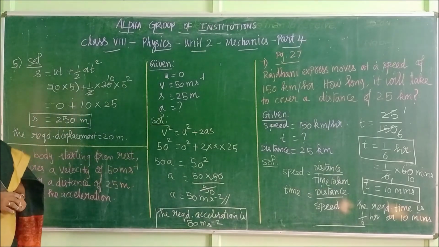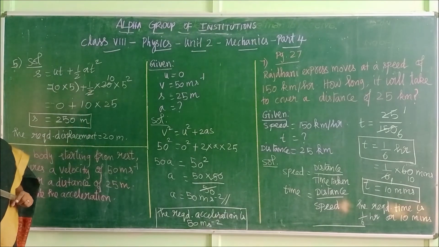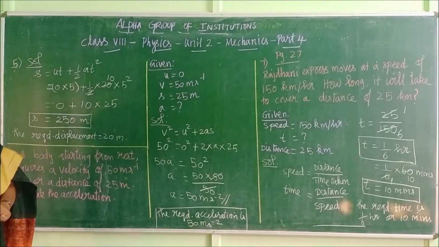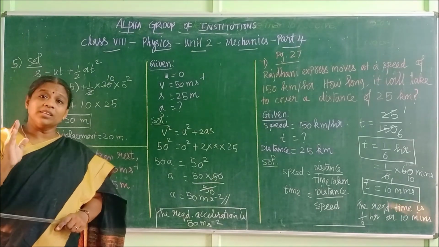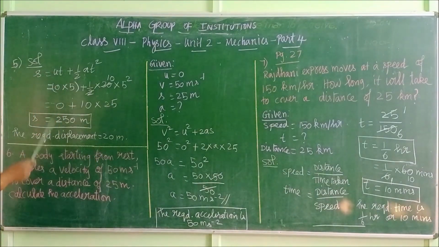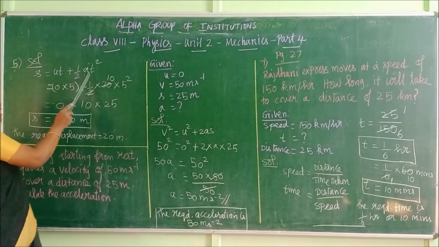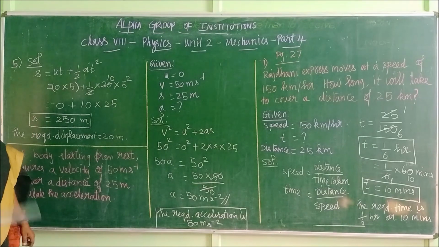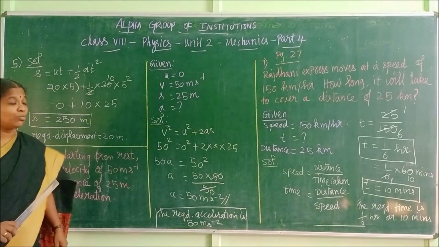In the given values, children, they have asked for displacement, S. Which equation of the three equations will contain S? Second equation and the third equation. But the second equation is highly suited here because it contains time. The third equation doesn't contain time. So the best suited equation is the second equation of motion.